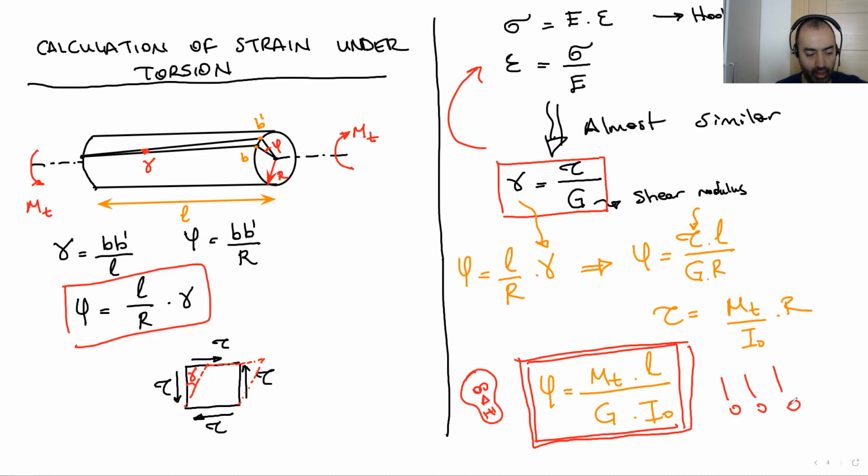In the next session, I'm going to solve a few problems. We have two equations today: one for tau, which is this equation, and one for phi, which is the torsional strain.